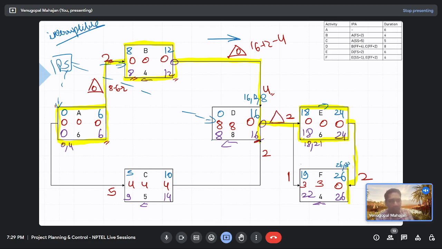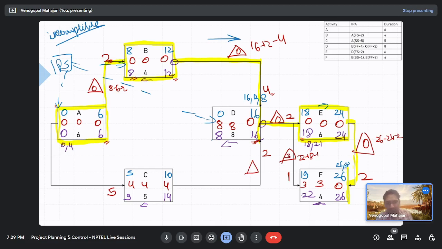In this case, 18 minus 16 minus 2, 0. In this case, 26 minus 24 minus 2, 0. What about other relationships? 22 minus 18 minus 1, how much? 3.